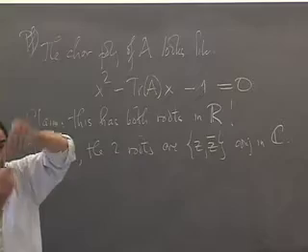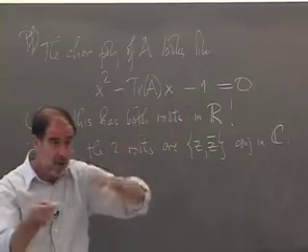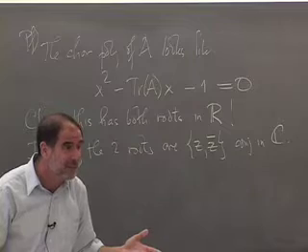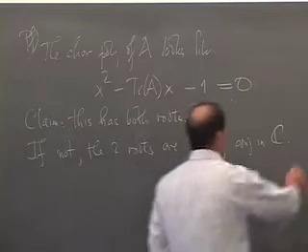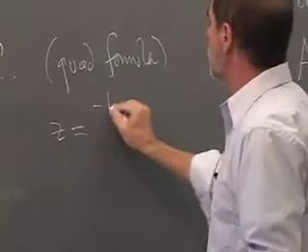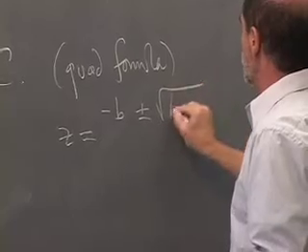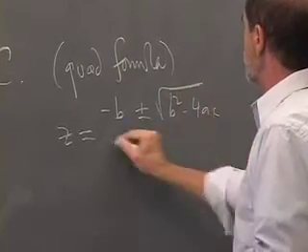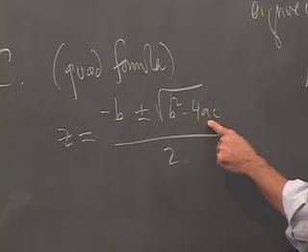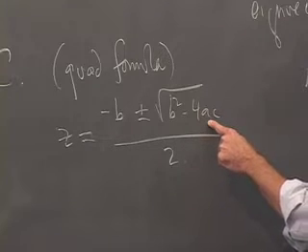Otherwise, the sum of the roots can't be a real number and the product of the roots can't be a real number. I mean, use the quadratic formula. Okay? The roots are z equals minus b plus or minus the square root of b squared minus 4ac, over 2. If this number is positive, you get two real roots. And if this number is negative, you get two complex conjugate roots.